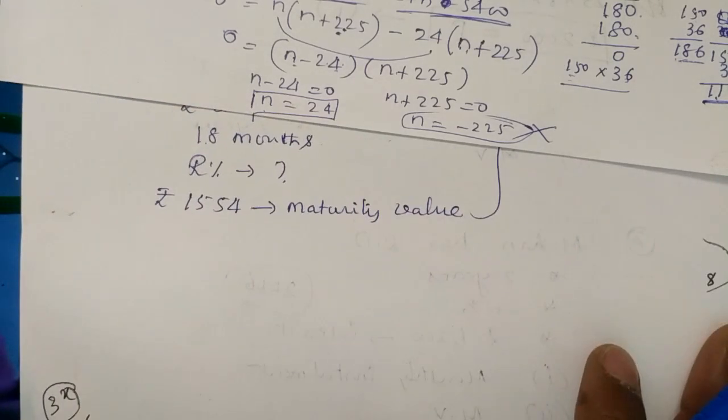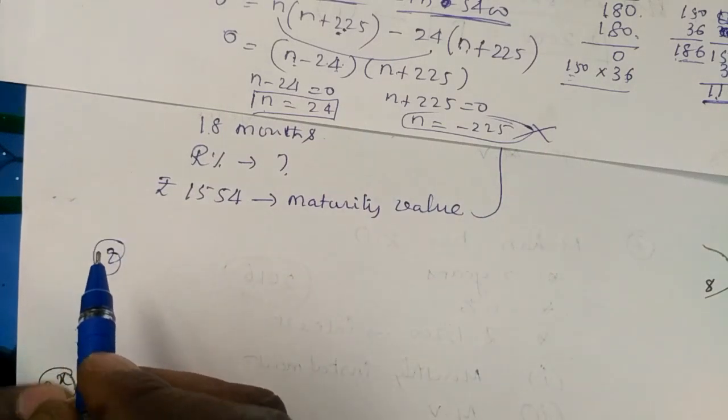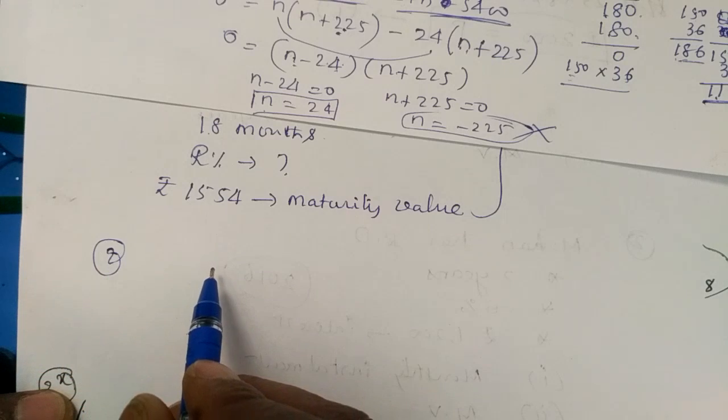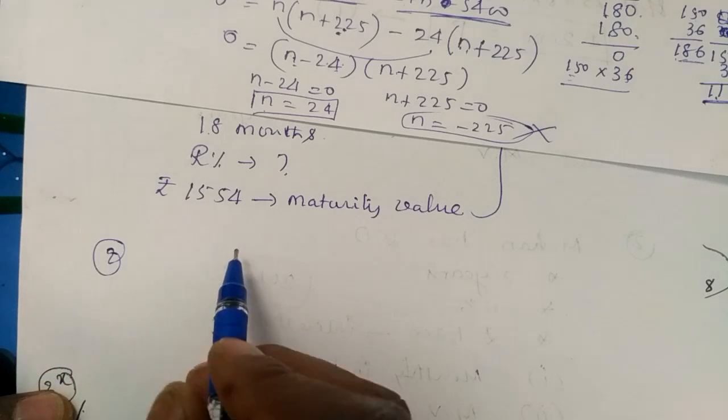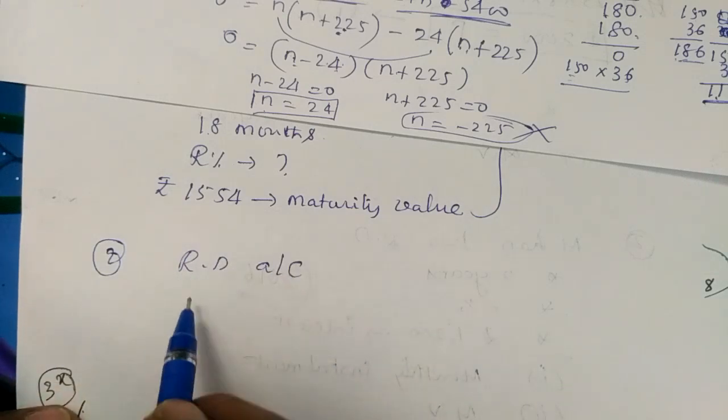So we'll go to another problem, that is from number of months finding. A recurring deposit account, 1200 per month. 1200 per month.